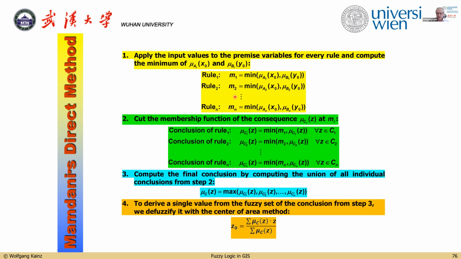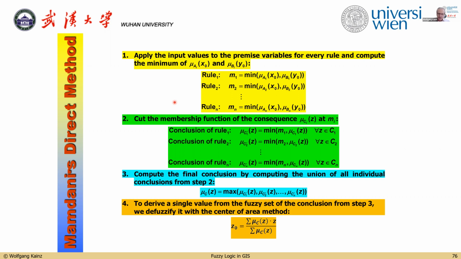So here we have n rules, so we do that n times, always entering the given values into the premise part of the rule, and compute the minimum. So in this first step, we end up with n values, one for every single rule, which is the M1, M2, up to Mn. So these are those minima that we compute here. That's the first step.